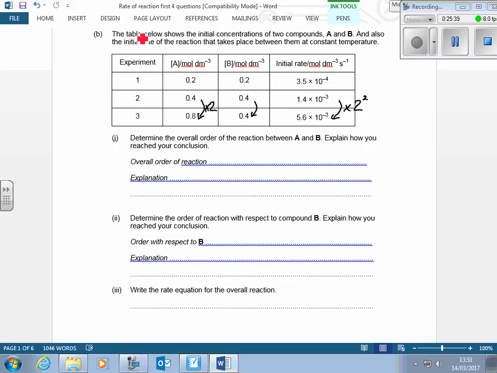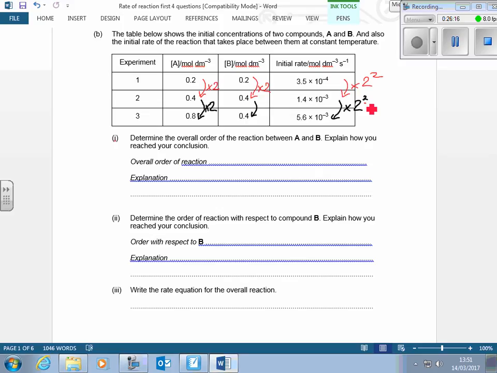But if you double A and you double B, then what happens here? It goes up by a factor of 4 again, doesn't it? So that's times 2 to the 2. In other words, doubling B didn't have any effect because doubling A already does it by 2 to the 2. So changing B as well didn't make any difference.